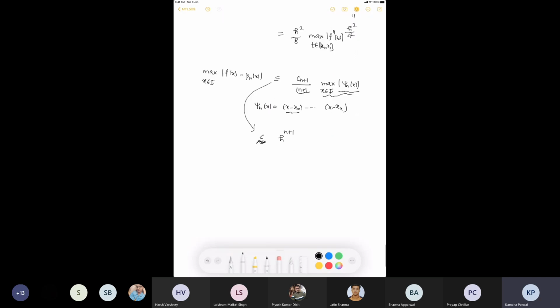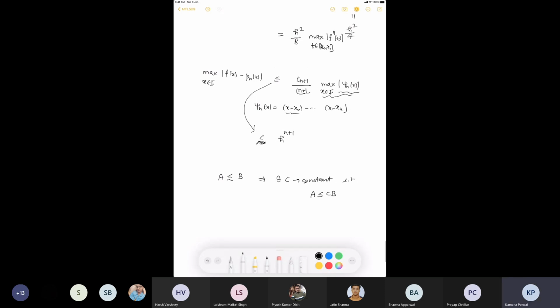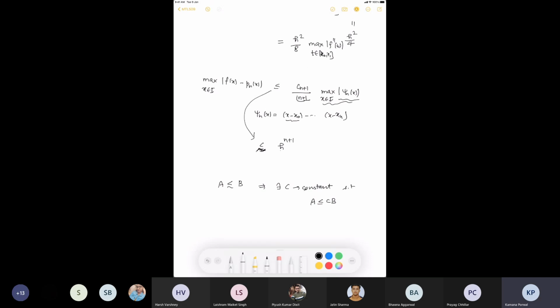Okay, this sign I use: a is less than or equal to b means that there exists some constant c such that a is less than or equal to c times b. So the constant which I will get with h, I'm hiding here, because that is not going to depend on n.